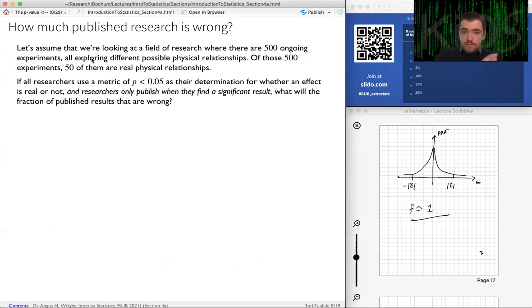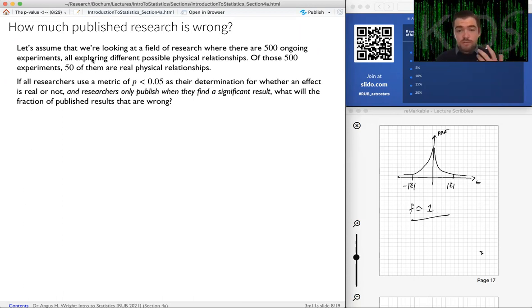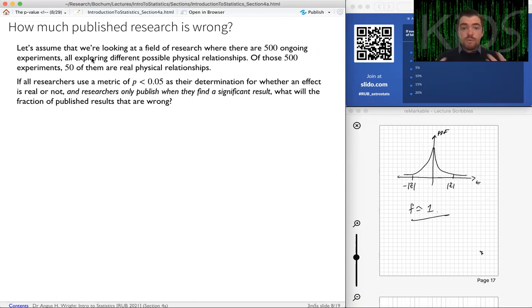Of those 500, 10% are real underlying physical relationships. But of course, we don't know which are which. That's the reason we do the research.